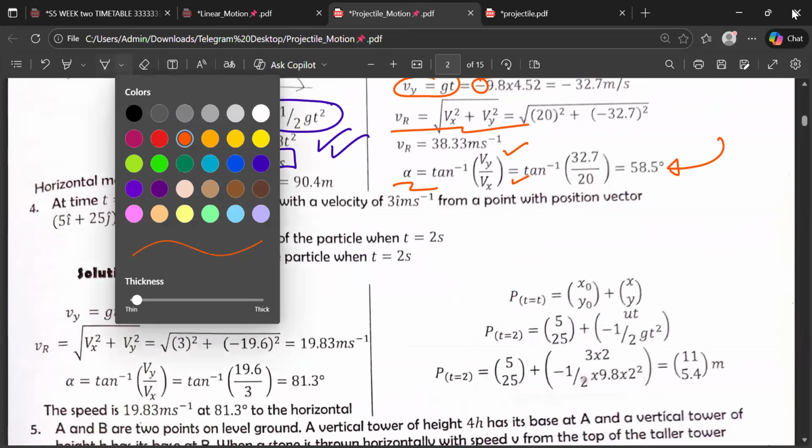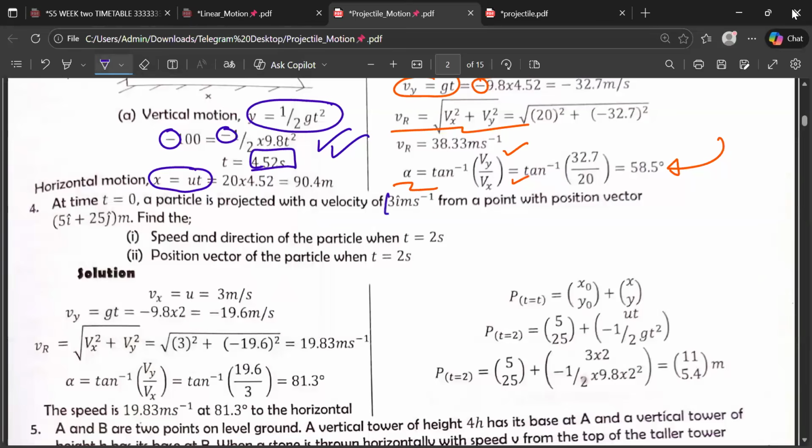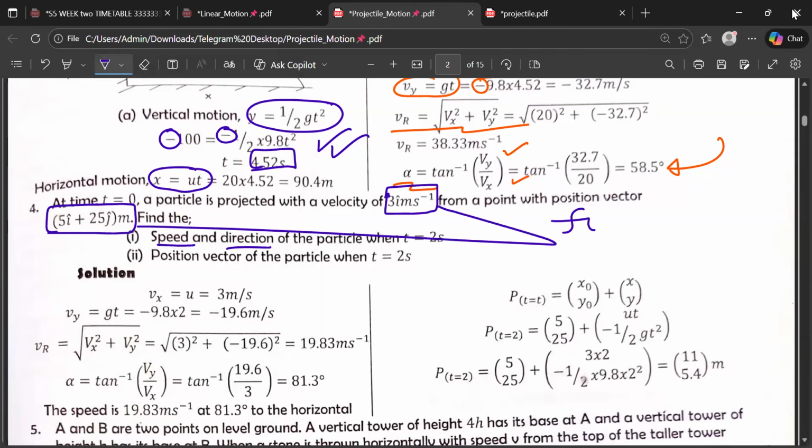There are those of you who have not watched vectors, and here they used vectors. This one is understandable because they're asking speed and direction, which you already know. I will ask people to first visit vectors. I'm not going to introduce those things of i, j, and k right now.